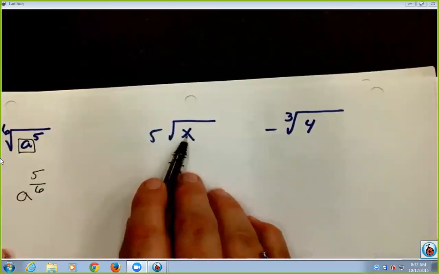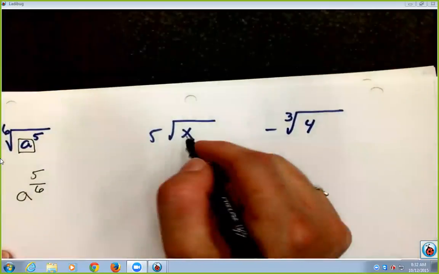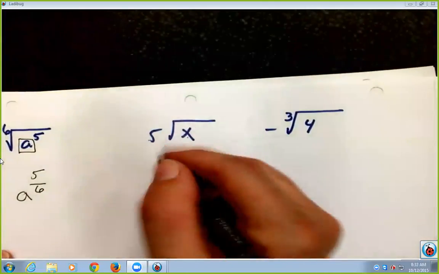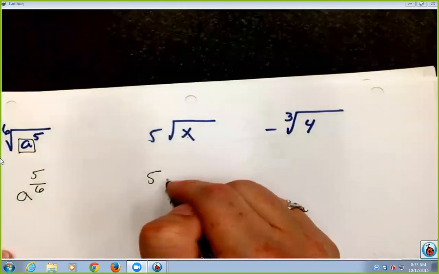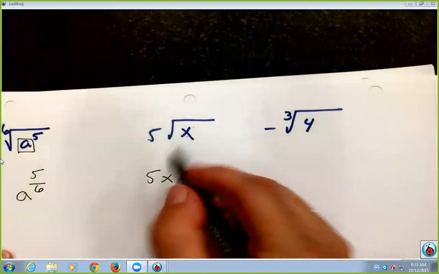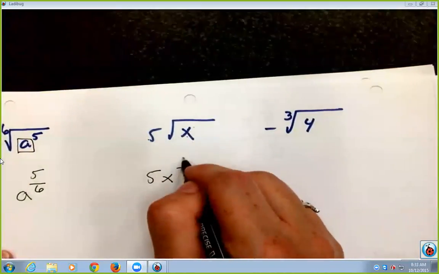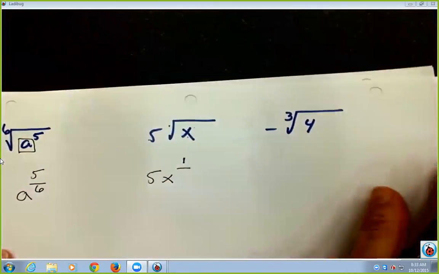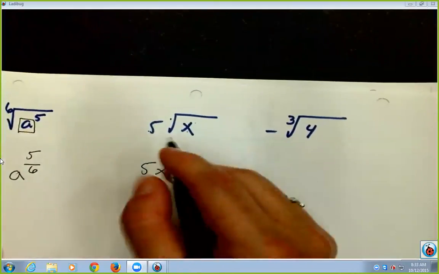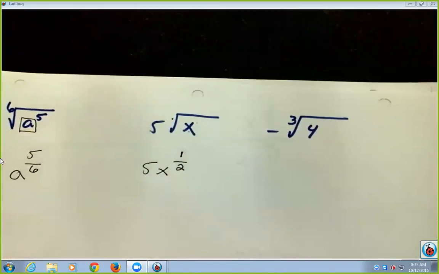So what about this one? We've got a 5 out in front, so that's not affected. We have an x. It has no exponent, so there's a 1. No index out in front, so if there's no index, that means it's going to be a 2. So that's what it becomes.